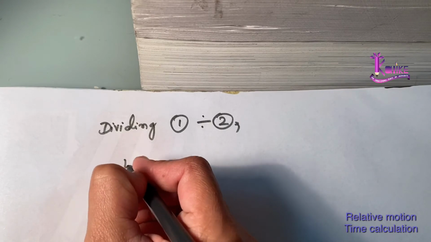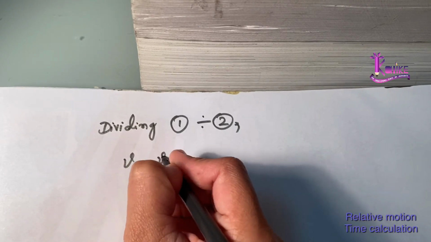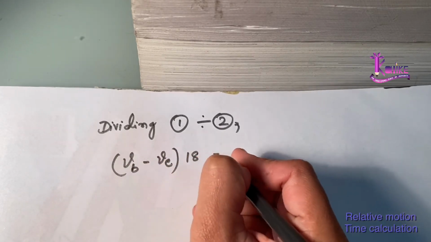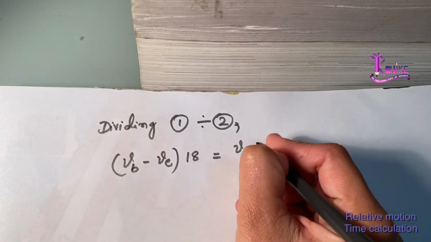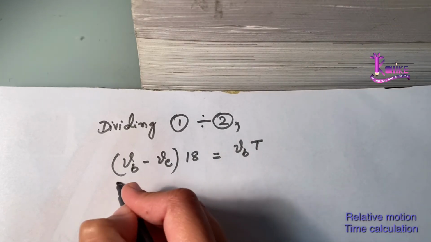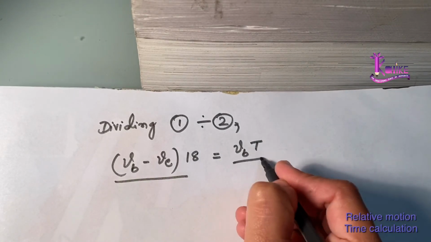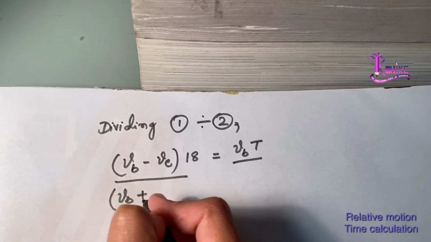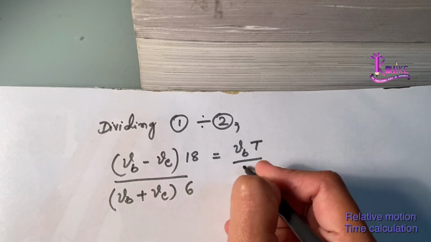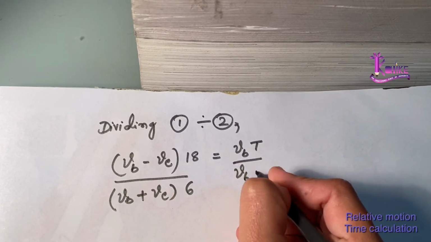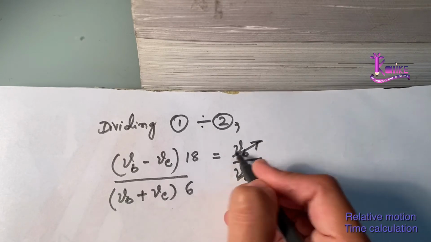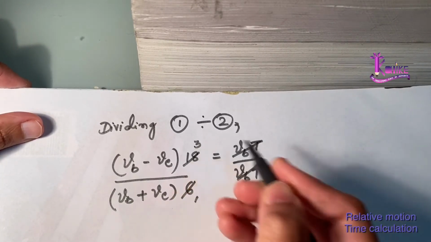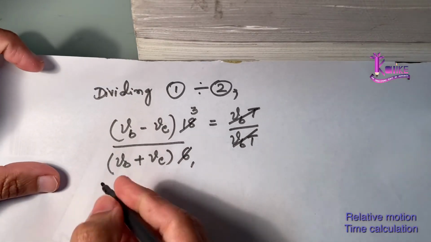Equation 1 was VB minus VC into 18 is equal to VB into T, right? So you divide the right hand side by right hand side and left hand side by left hand side. Equation 2 was VB plus VC into 6 is equal to VB into T. So VBT gets cancelled and then you have 6 one times, 6 three times. So what you do, you just cross multiply.